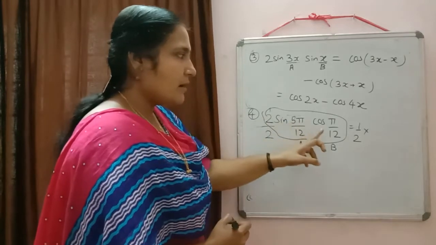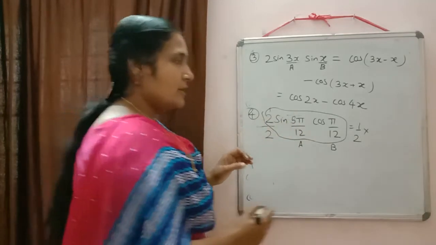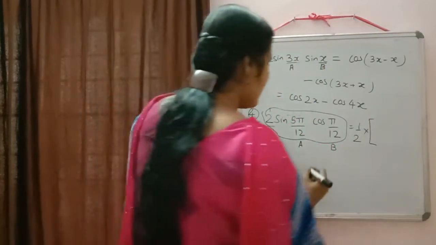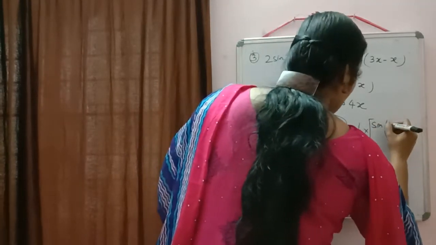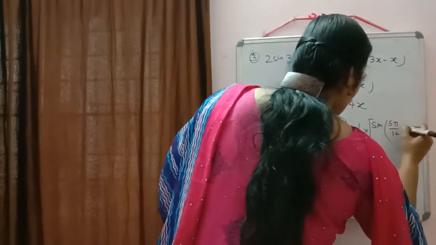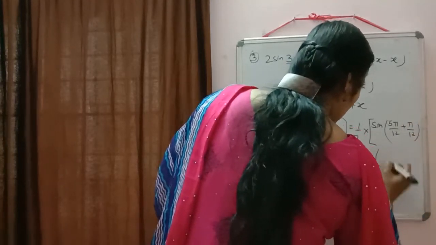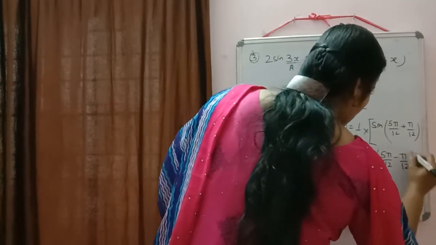It is the formula of addition of sines. So we will get sin(A+B), here this is A. So sin(5π/12 + π/12) + sin(A-B), 5π/12 - π/12.